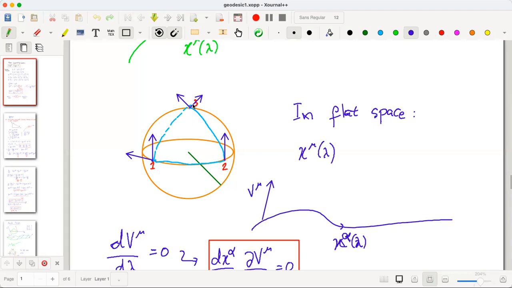And when I bring the vector from 3 to 1, you can convince yourself that the vector has taken this direction. So when I do the parallel transport along a closed loop on this manifold, the vector fails to remain parallel. So this shows that the manifold is curved.